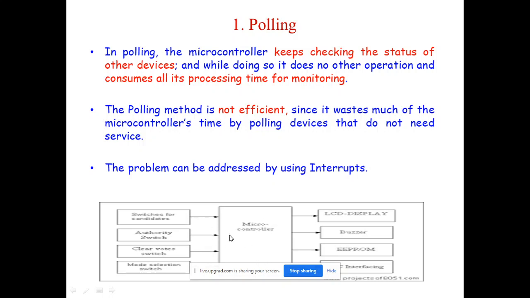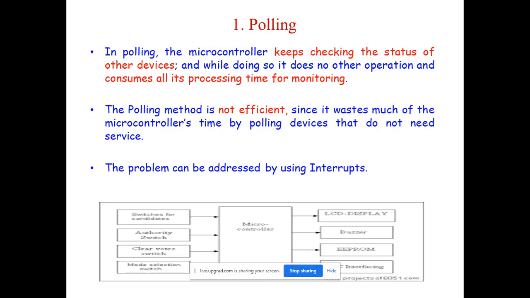It continuously polls device by device sequentially and remains in a loop, and this is a major drawback of the polling method. To avoid that, we go for the next method, called the interrupt method. All of you agree for this point?